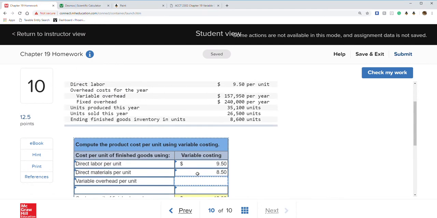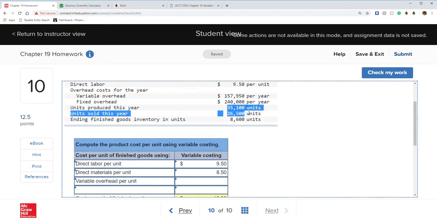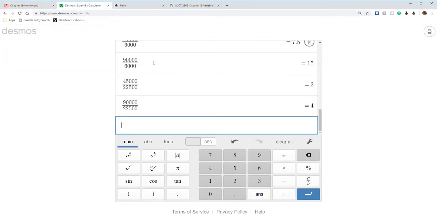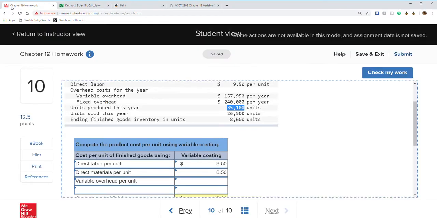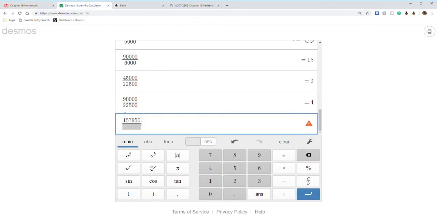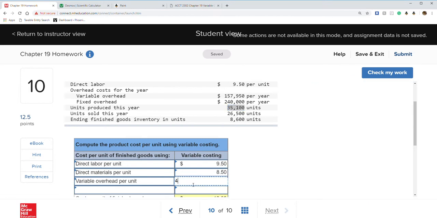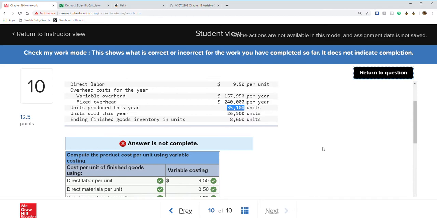Variable overhead is going to be using 35,100 and divided into 157,950. $35,100. Okay, so $4.50. Check. Always check that first part.